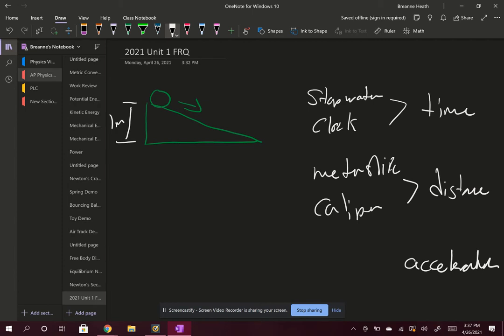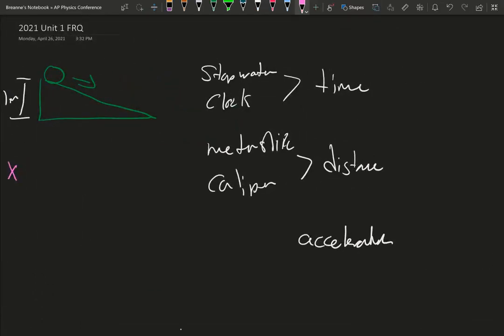Now, if you look through your formula chart, it's the second formula on your formula chart. Your second formula is x equals x naught plus v naught x t plus 1/2 a_x t squared. Remember, all these little sub x's are just telling you that it's in the x direction, which if we tilt our x and y axis will be in the x direction.